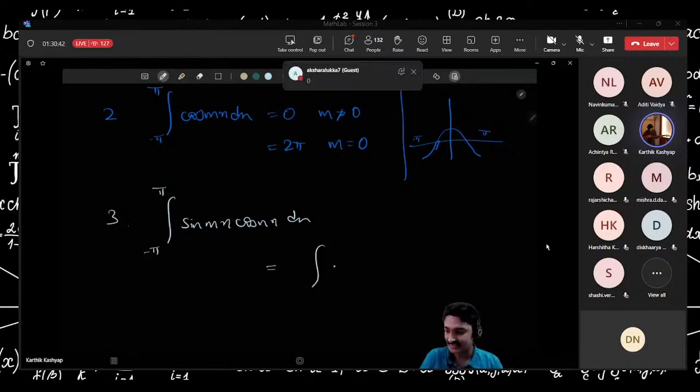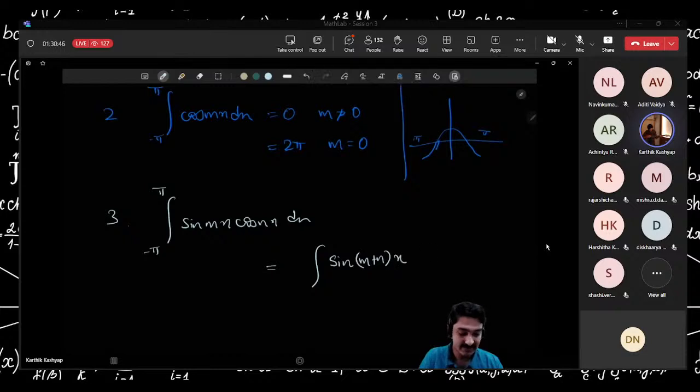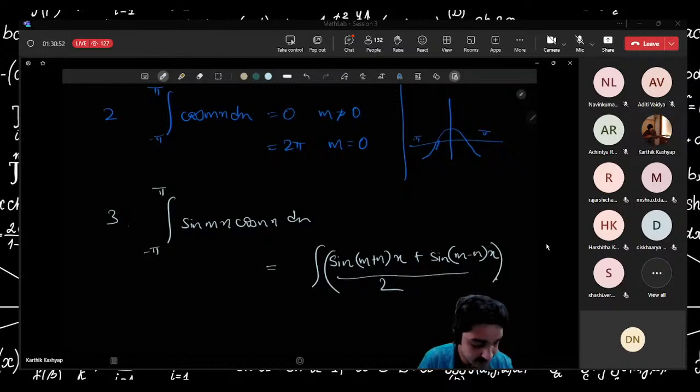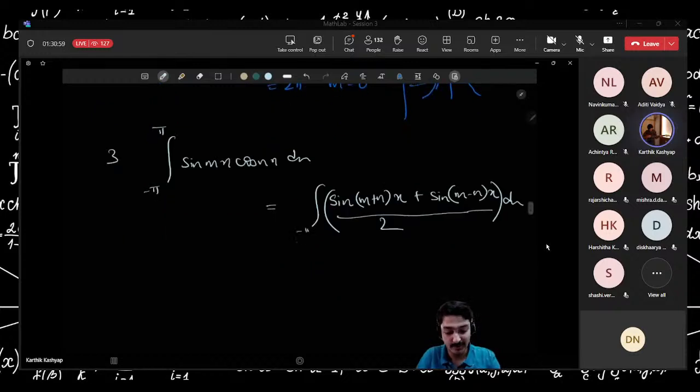So we can just write this as sin (m plus n) x plus sin (m minus n) x, divided by 2, dx. This is sin mx cos nx dx, right? So again minus pi to pi.